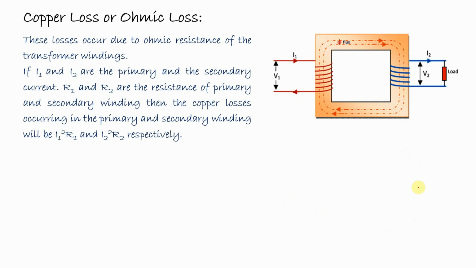We know that if the current I is flowing through a resistance R, then a loss occurs, and this is the I square R loss. So when the current is flowing in the primary as well as in the secondary, this loss will occur both in the primary as well as in the secondary side, where R1 is the resistance of the primary side and R2 is the resistance of the secondary side.